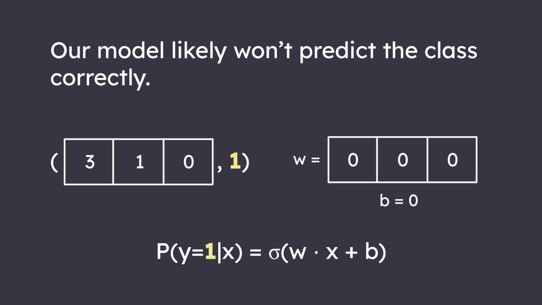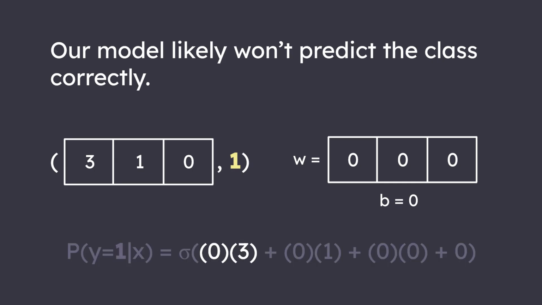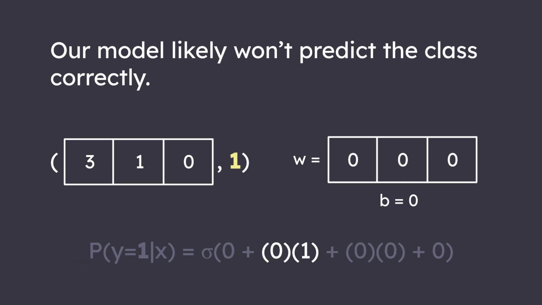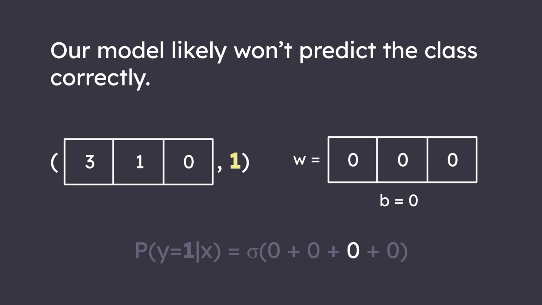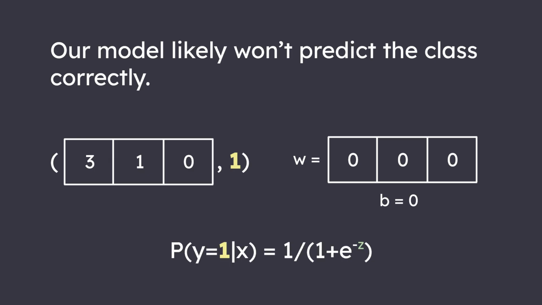Let's go ahead and try to classify given our training sample and our untrained weights and bias. 0 times 3 is 0, 0 times 1 is 0, 0 times 0 is 0, and adding all those zeros together gives us 0. Now let's use our sigmoid function, which is 1 over 1 plus e to the negative z, where z is 0.